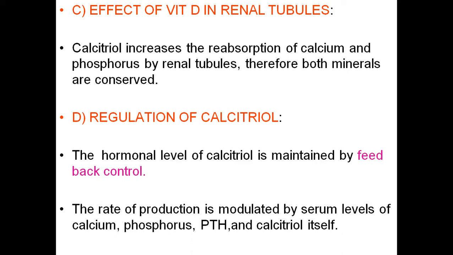Then regulation of calcitriol. The hormonal level of calcitriol is maintained by a feedback mechanism. The rate of production is modulated by serum levels of calcium, phosphorus, parathyroid hormone (PTH) and calcitriol itself.